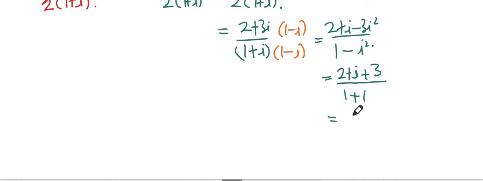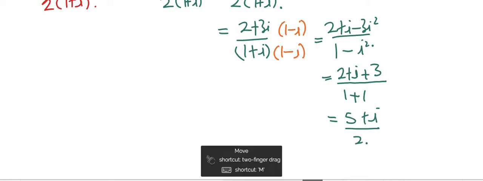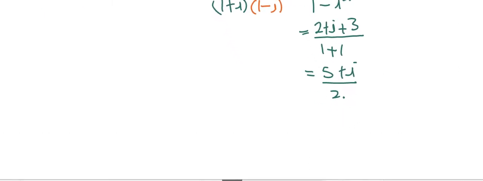So therefore your answer is (5 plus i) over 2. Split this into x plus iy: you have 5 over 2 plus i over 2 as your answer.